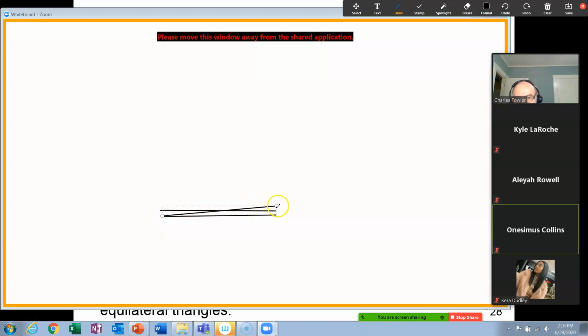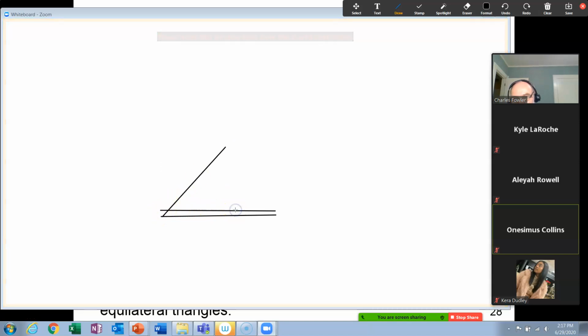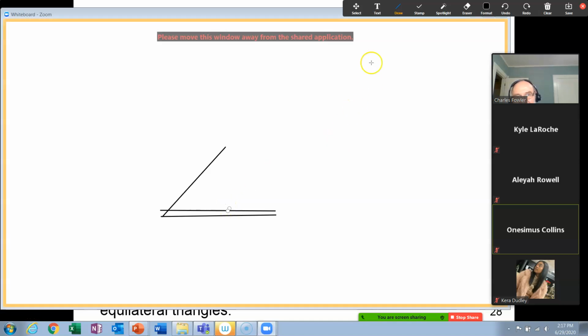Take this one and move, oh, I messed up. I'm going to try to keep the same length. That's why I drew it that way in the first place. Obviously, I botched it. Why can I not get this one to... I can't.